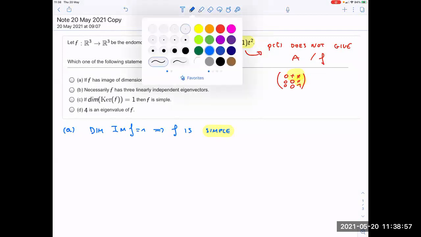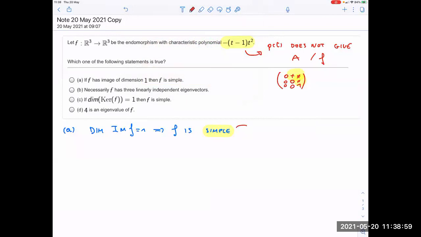So simple means that, having chosen a basis, the associated matrix to F is diagonalizable.